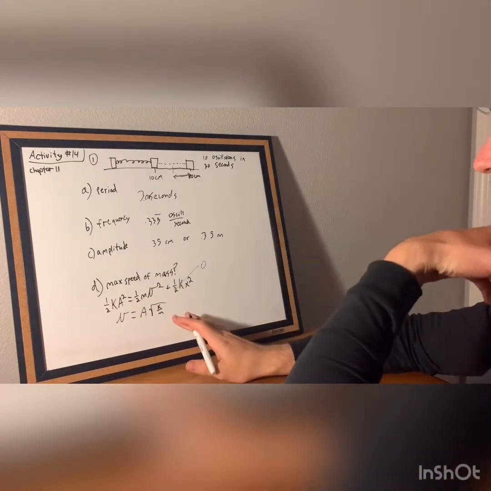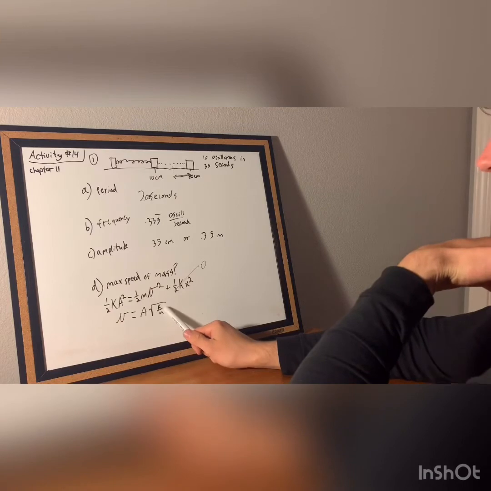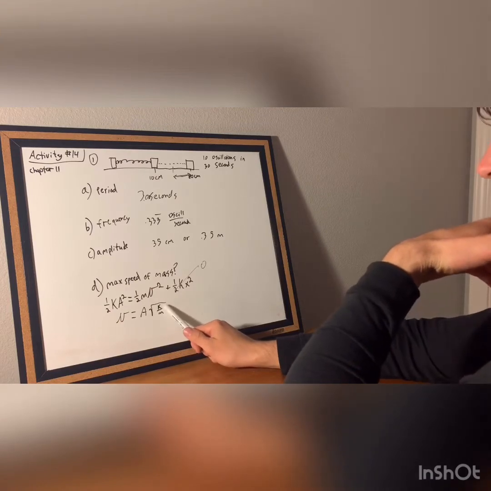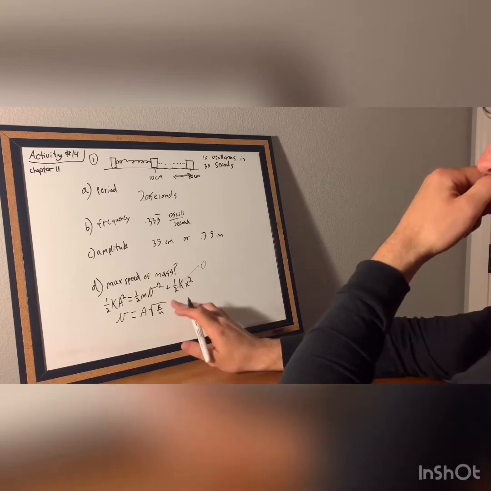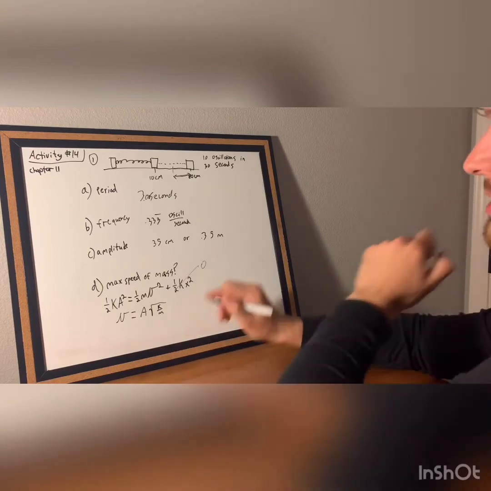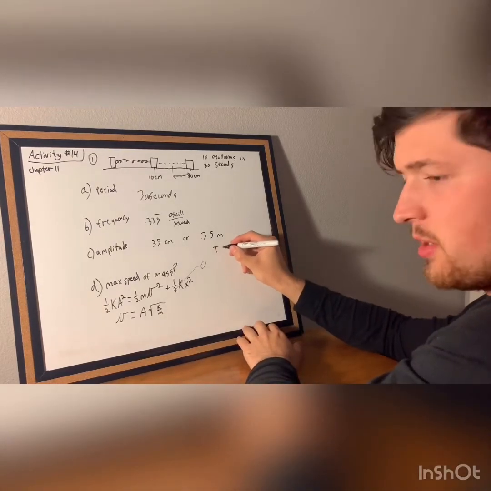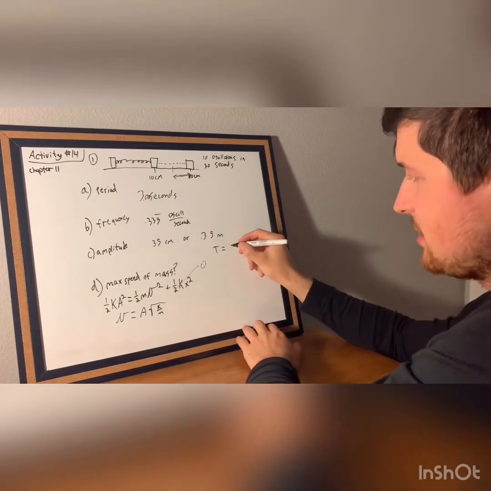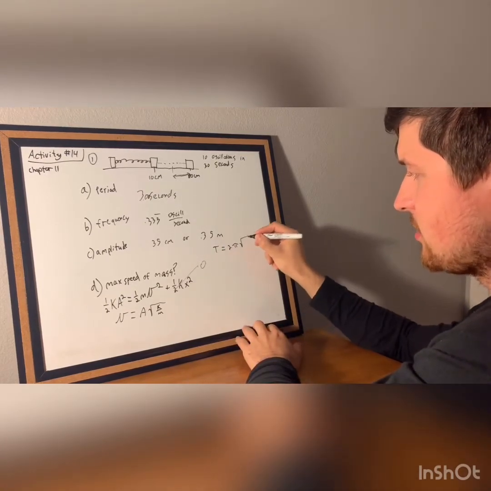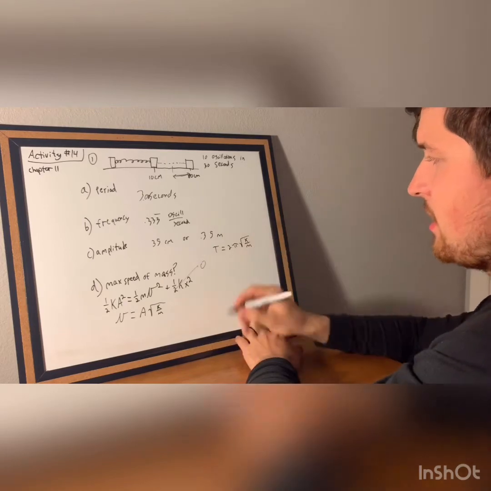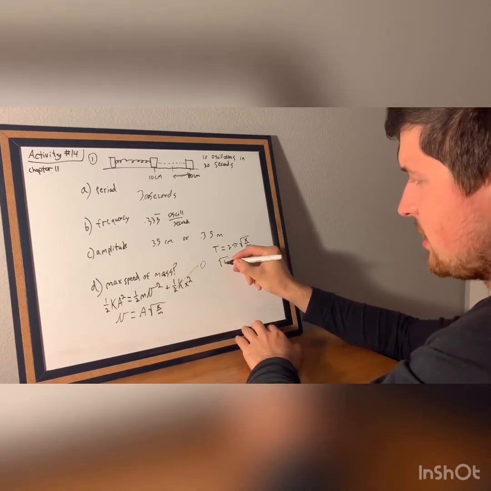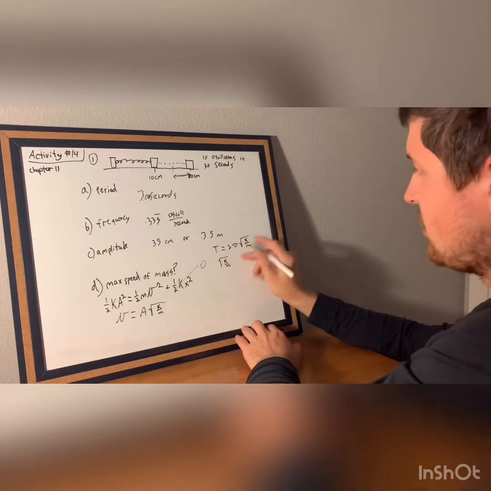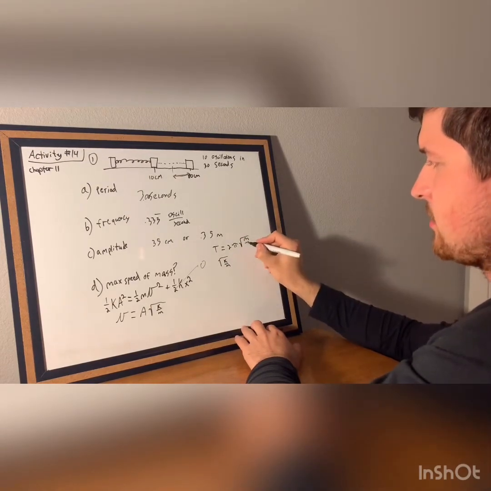The only thing we have from this equation is its amplitude. We don't have the spring constant, and we don't have the mass of the block. So what you need to do is find something you can substitute into there. So another thing that we know is that T equals 2 pi square root m over k.